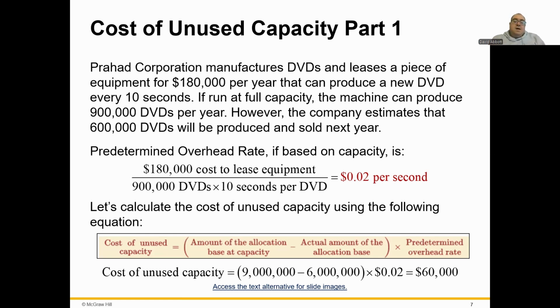So if we take our allocation base at capacity, which is 9 million, subtract the actual amount of the allocation base, or what we actually used, which is 6 million, times 2 cents, the predetermined overhead rate, the cost of the unused capacity is $60,000. So they could produce more, they're just not. And we're trying to figure out what the cost is for them having capacity in this machine, but then not utilizing it.